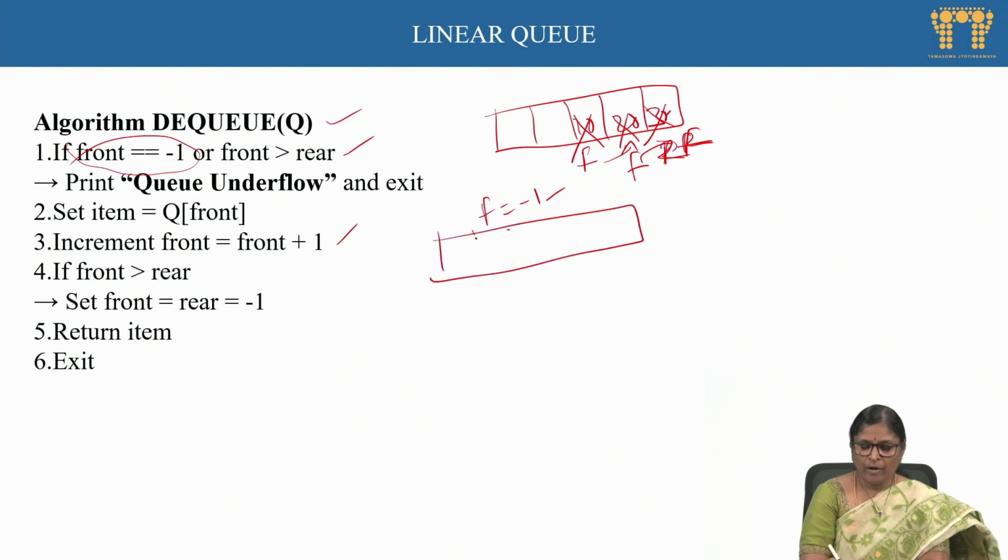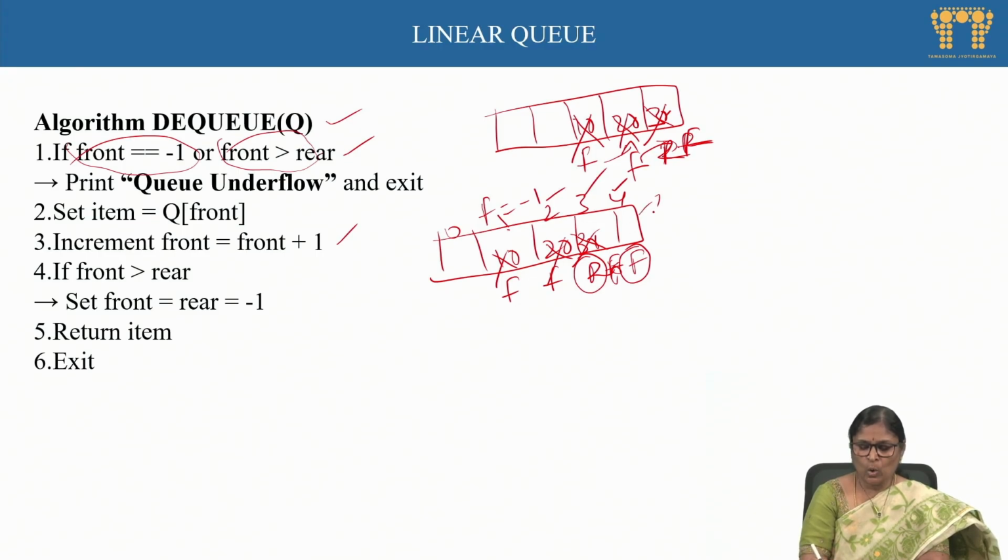There is a situation whenever you have suppose 10, 20 and here 30, this is rear and this is front, right? So now when this condition arises, when front is greater than rear, means first delete, increment front, then delete, increment front, then delete, increment front. So here rear is 3, front is 4, means your front is greater than rear.